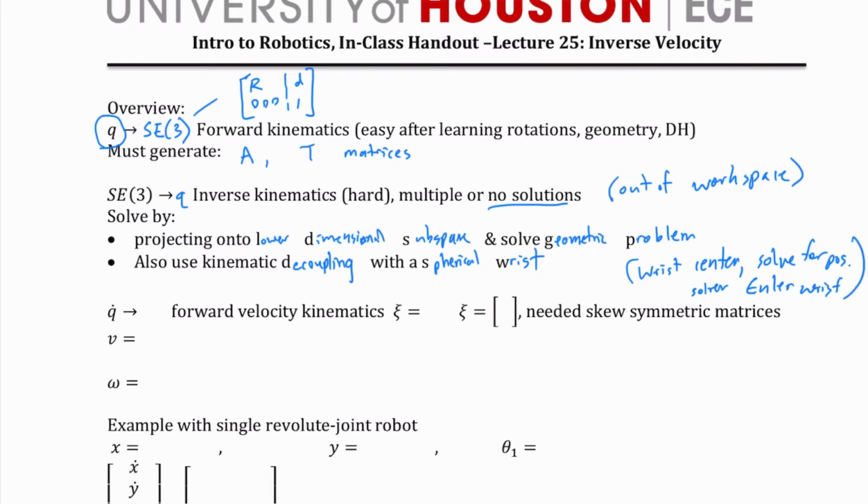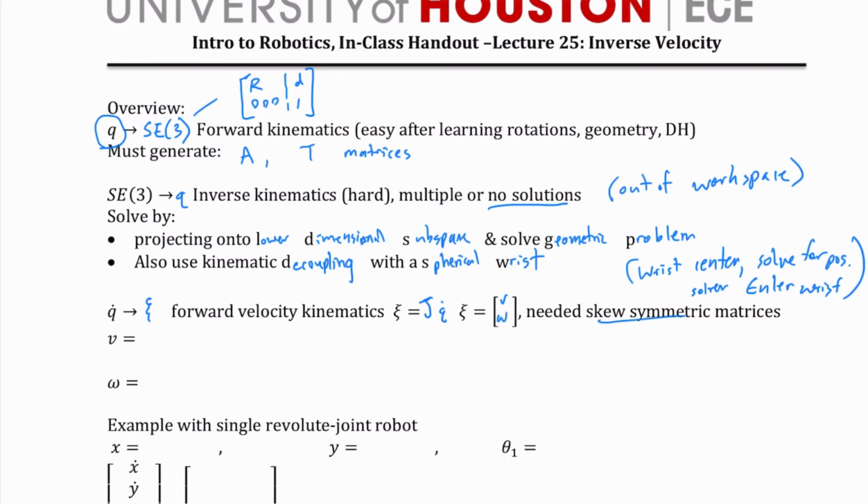Now when we want to do forward velocity kinematics, what we're doing is we're going from q dot, how fast we move each of our joints, into psi. Where the psi, we take our q dot and we multiply it by our Jacobian to get our psi. And our psi could be divided into our linear velocity and our angular velocity.